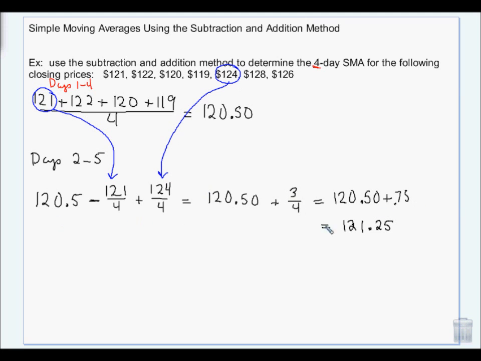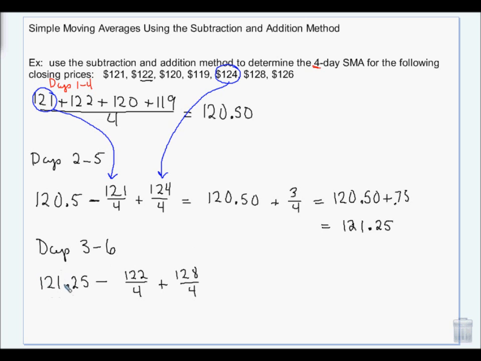So for the next one, you would do 121.25 minus... So if I do days 3 through 6, it's got to be 120.5, right? Because I use the previous, and then I'm going to take away day 2, and then you add on day 6.